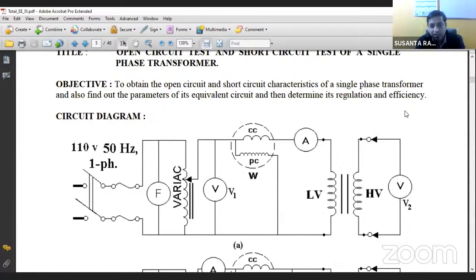But as you mentioned, this current is very low compared to the rated value of the current. Now what is the rated value of the current? The rated value of the current is that for which the winding is designed. During the design of the transformer, during the selection of the gauge or cross section of the winding conductor, we take some current.